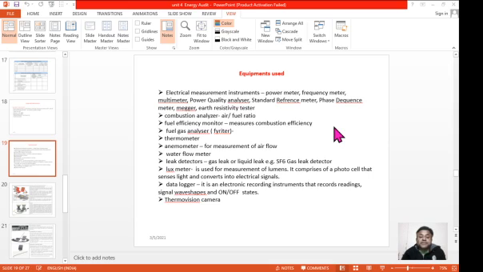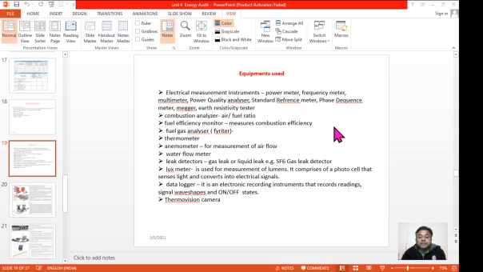Then thermometer is used for measurement of temperature. Different types of thermometers are there. Thermostats are there, or WTI, winding temperature indicator, or OTI, oil temperature indicator. So these are used for the measurement of temperature basically.